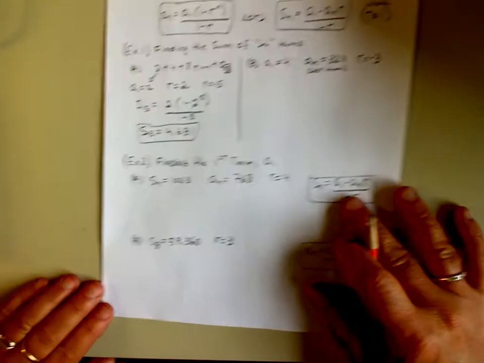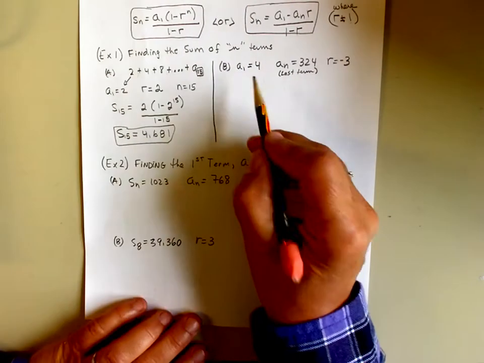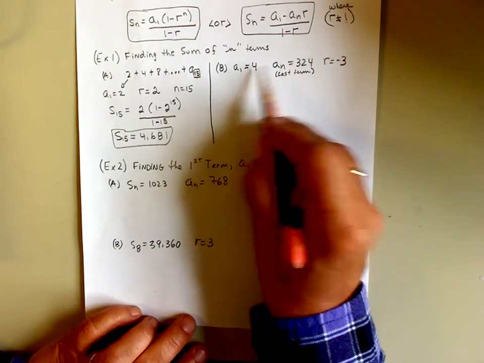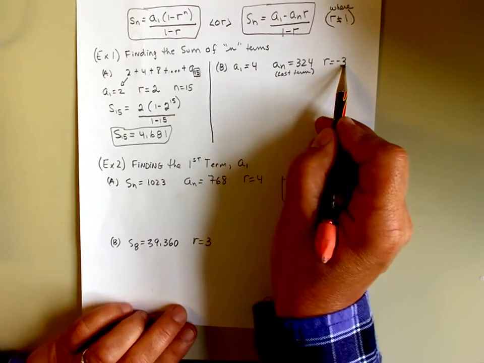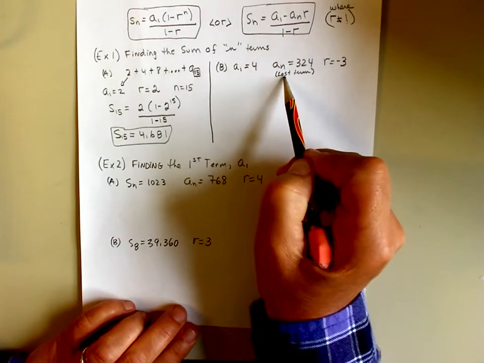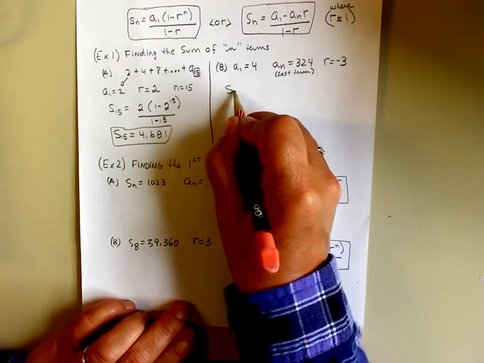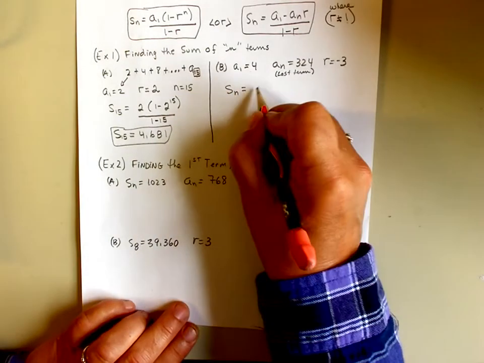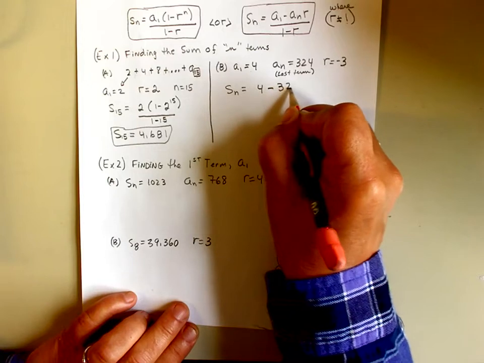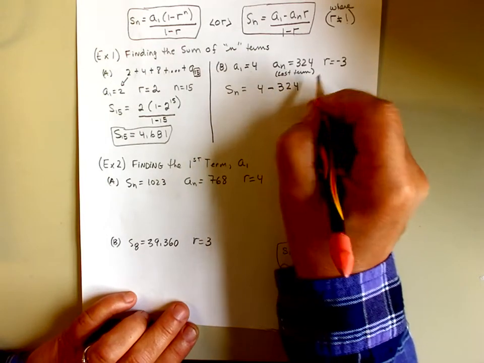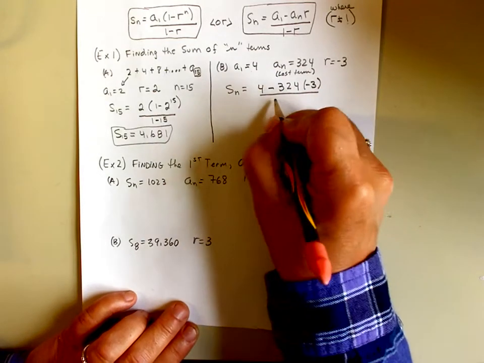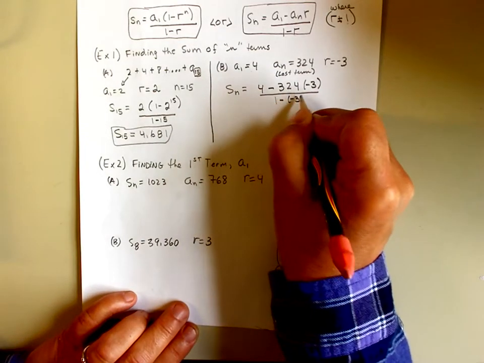In example 2, slightly different example, here we know what the last term is and the first term, and we have the common ratio. So the second formula would suit our needs a lot better. So to find the sum, we'll take 4 minus 324 times negative 3, and again we'll divide it by 1 minus negative 3.